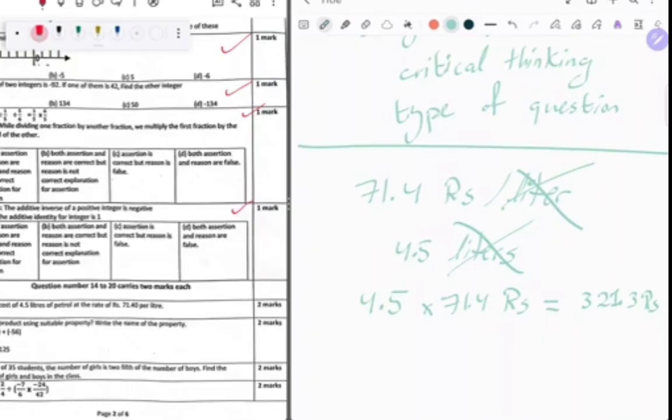Okay. So let's continue. We finished this one. 14, 15. You didn't do a single thing with 15. Find the product using suitable property. Write the name of the property.